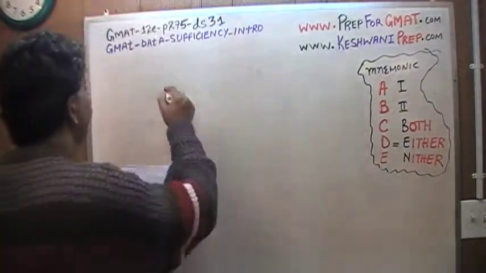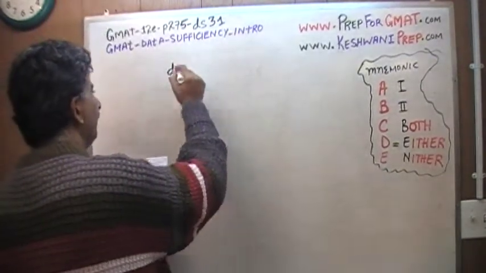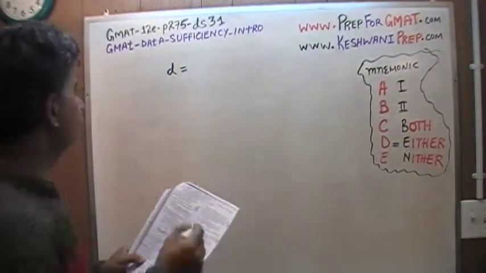Alright. So apparently we have a number which they're calling D.